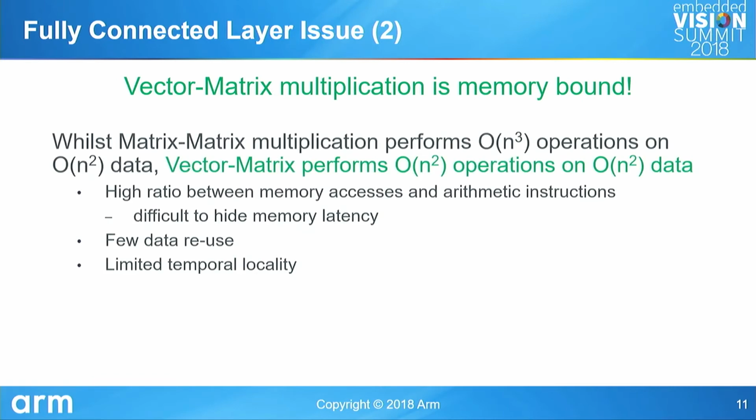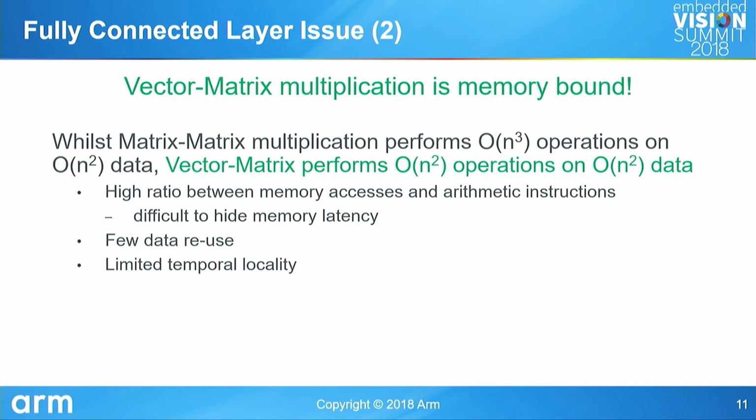If you compare vector matrix multiplication to matrix multiplication, essentially we can see that for matrix multiplication, we have O(n^3) operations over O(n^2) data. And for vector matrix multiplication, we have O(n^2) operations over the same amount of data. So essentially, we have a high ratio between memory accesses and arithmetic instructions for the vector matrix multiplication.